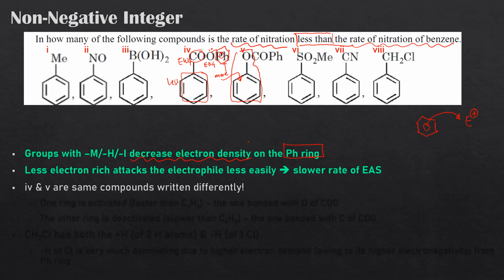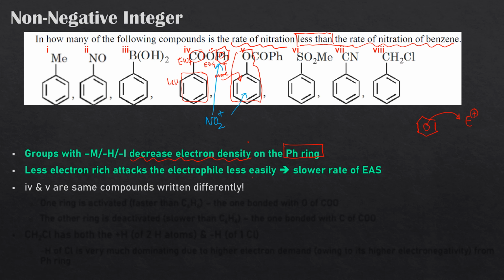If we compare these two, in the first compound, the benzene ring on the left is going to react with NO2+, and that overall rate of reaction, if you compare with the benzene ring, is going to be faster. And in the second compound, because this ring is electron rich, this is going to attack the NO2+. So whether you take compound number 4 or 5, the phenyl ring attached to oxygen is going to be electron richer than the benzene ring.